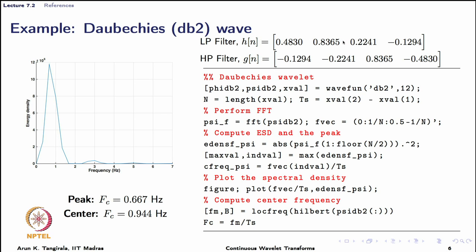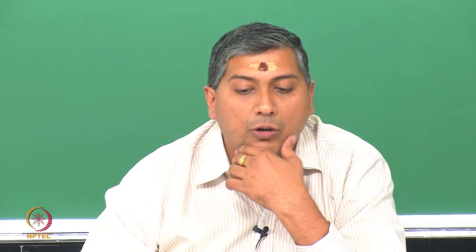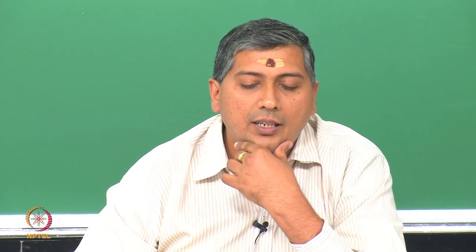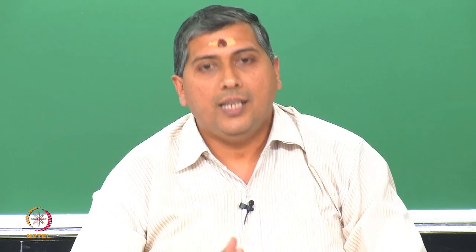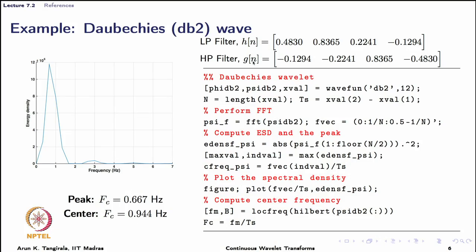As I said just now, the Daubechies wave does not have a closed form expression. Instead, we generate the wave using what are known as the filter coefficients. Remember that the wavelet acts like a band pass filter. So, the filter coefficients given in G, that is a high pass filter, allow me to generate the Daubechies wave, and the low pass filter coefficients you can say is a cousin of this high pass filter, which allows me to generate what is known as a scaling function.